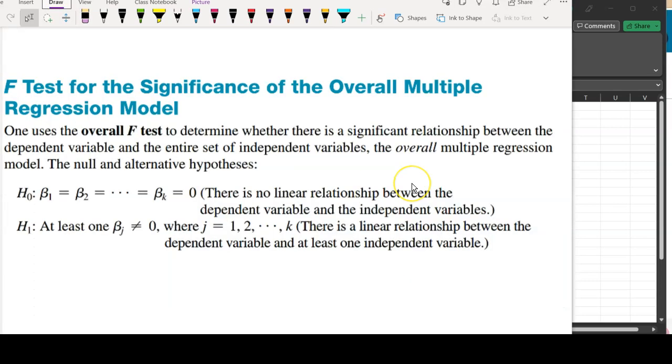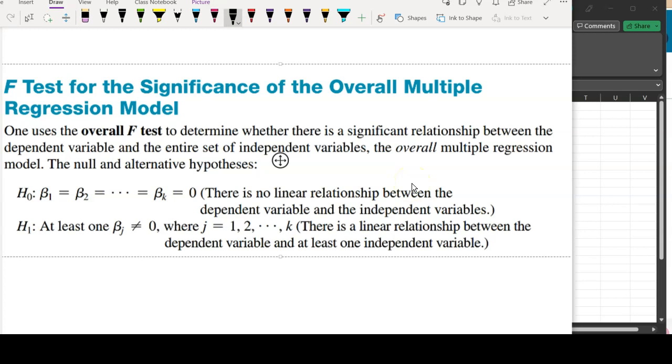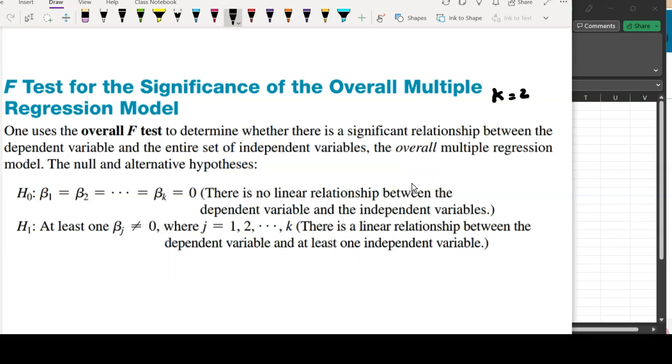Going back to the question, we see the hypothesis testing. Since we know K is 2, H0 is beta 1 equals beta 2 equals 0, and H1 is at least one of the beta j is different than 0, and you stop at 2. Beta equal to 0 means there is no slope.